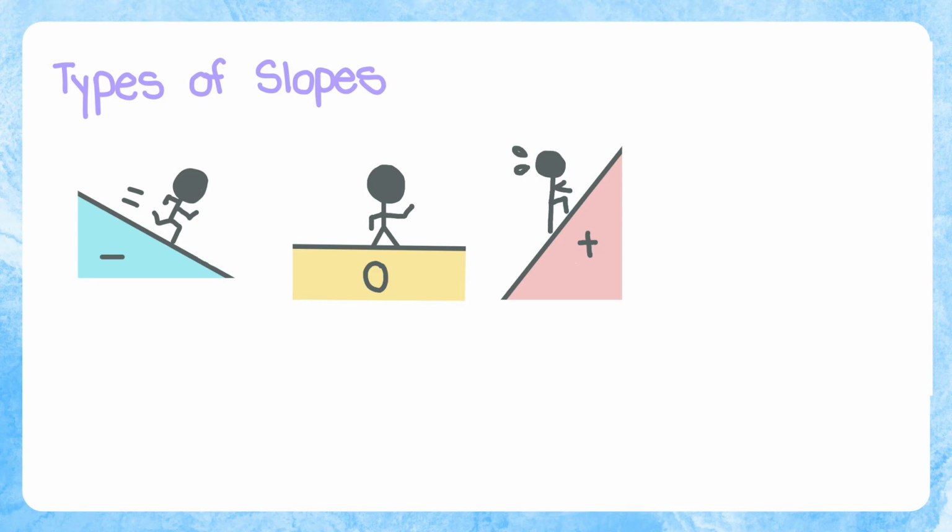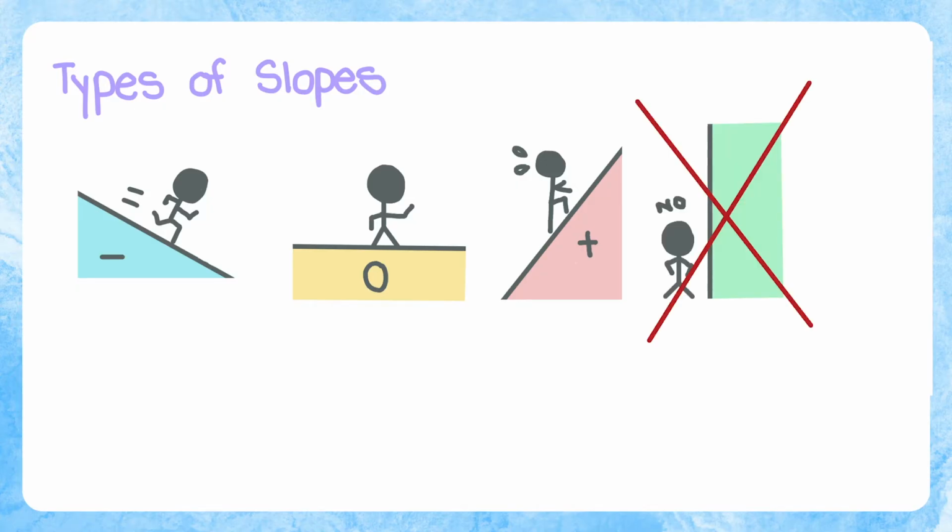A positive slope is like going uphill. We can't walk up a wall, so this kind of straight vertical line has no slope. So there are negative slopes, slopes of 0, positive slopes, and undefined slopes.